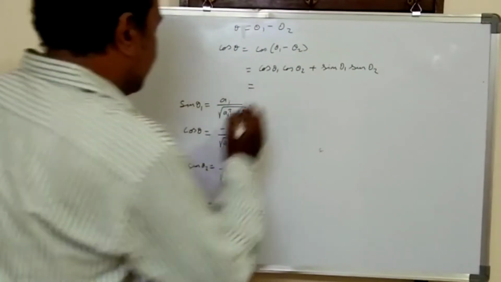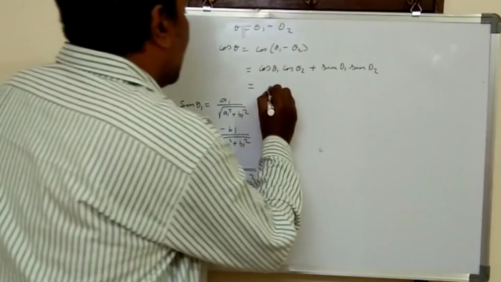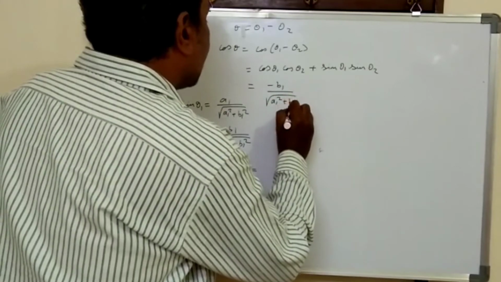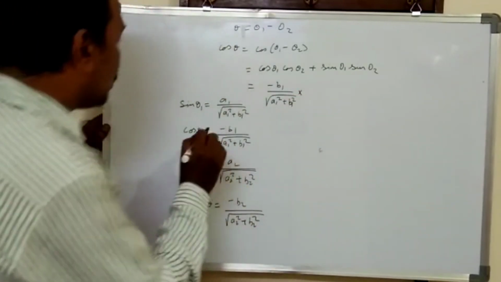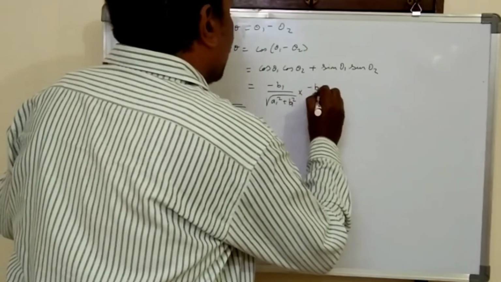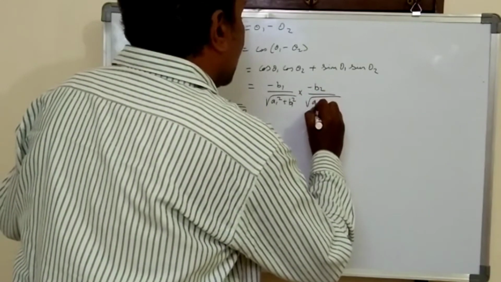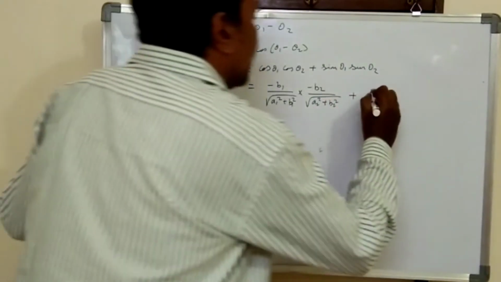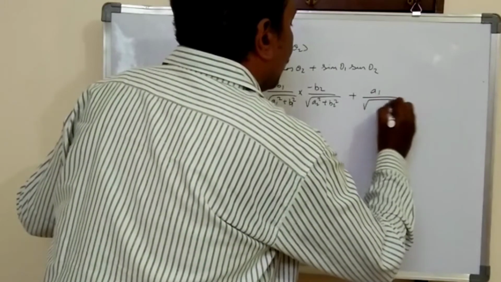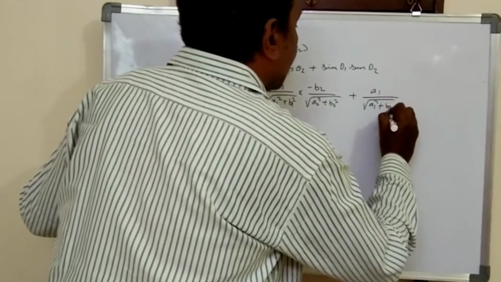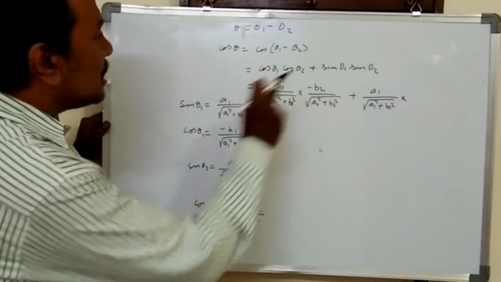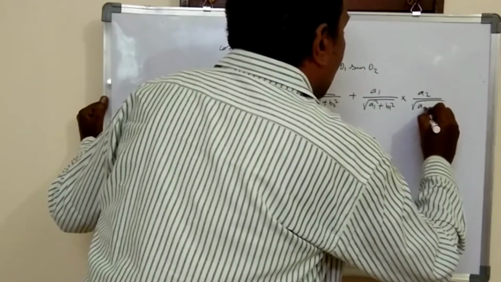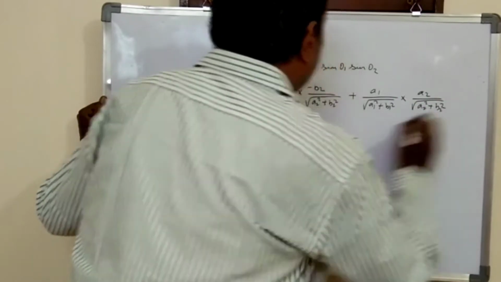What is cos theta 1? Cos theta 1 is equal to minus b1 by square root of a1 square plus b1 square, into cos theta 2, minus b2 by square root of a2 square plus b2 square, plus sin theta 1, a1 by square root of a1 square plus b1 square, into sin theta 2, a2 by square root of a2 square plus b2 square.